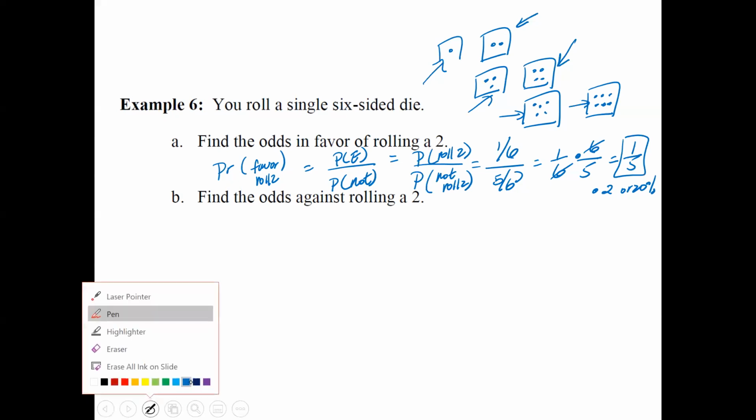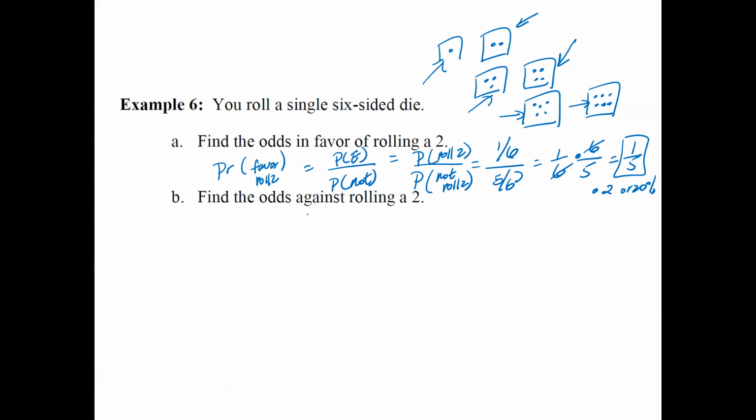Okay, so now let's take a look at the odds of rolling against. So the odds of rolling against is going to be the probability of not rolling a 2 divided by the probability of rolling a 2.